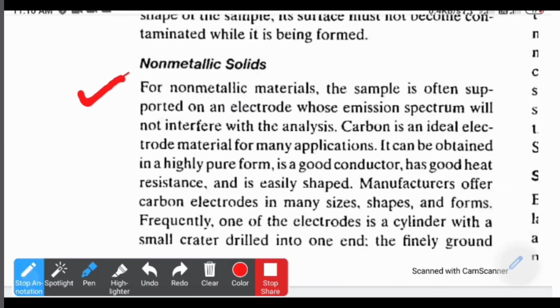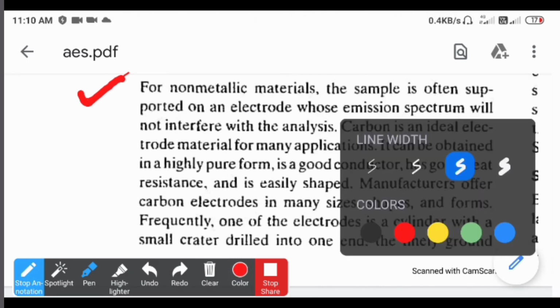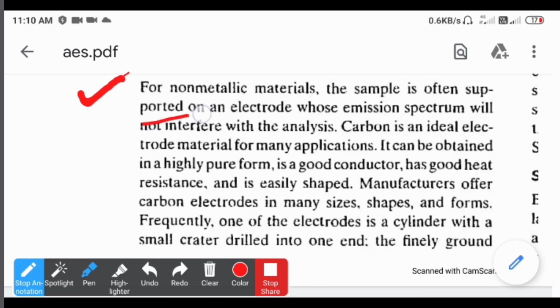For non-metallic elements, the sample is often supported on an electrode whose emission spectrum will not interfere with the analysis. This is the important thing: the emission spectrum of our supporting electrode should not interfere with our analyte spectrum. So we generally use carbon as an ideal electrode for many applications.